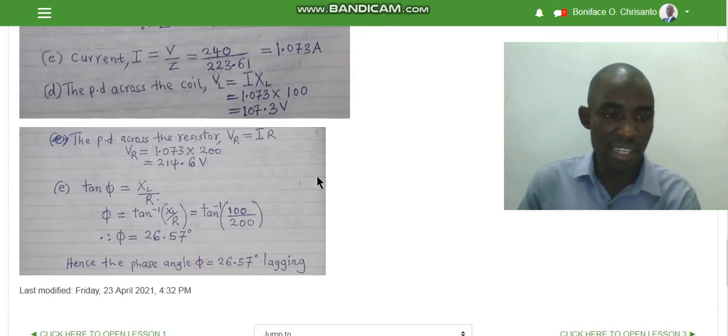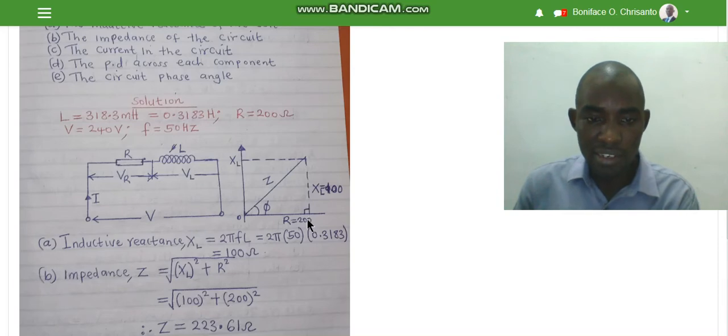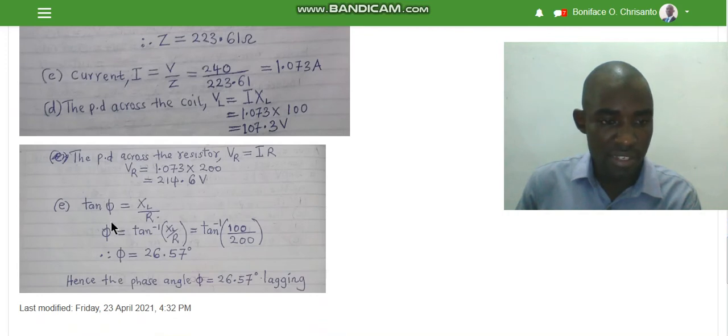If you want to get the angle, remember from the phasor diagram, we have now obtained these two. This angle is obtained using tan. Tan is given by opposite over adjacent, meaning it is 100 divided by 200. From our formula, tan is given by XL over R. Remember, our XL is 100, our R is 200.